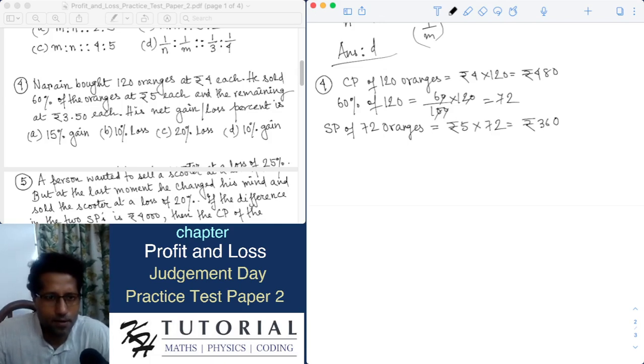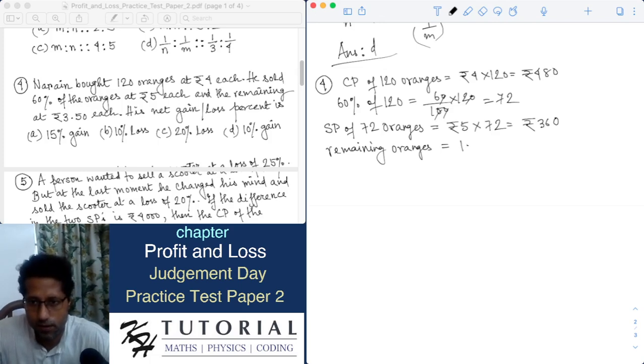Now, the remaining were sold at rupees 3.50. How many oranges are remaining after selling 60% of the oranges? It is 120 minus 72.